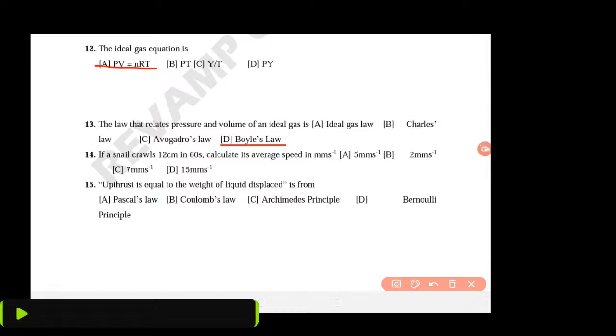That is, we can say Boyle's law is P is inversely proportional to V. That is the only law relating pressure and volume while temperature remains constant. Option D for question number 13.